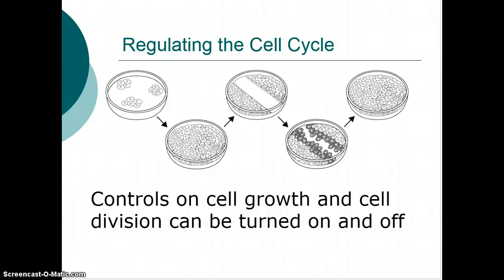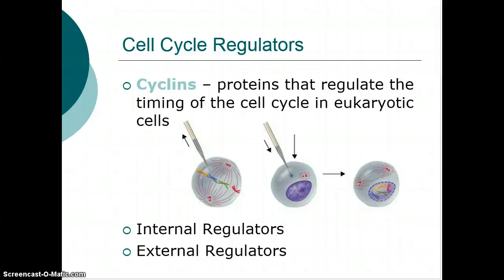Regulating the cell cycle. There are, as we talked about before, these checkpoints that a cell goes through so that there's not uncontrollable cell growth. And it actually can shut off cell division, so the cell cycle can be regulated. They're called cyclins, and they are proteins that regulate the cell cycle so that it happens or doesn't happen when it needs to.